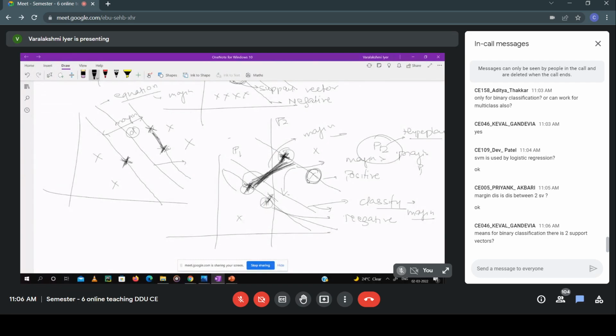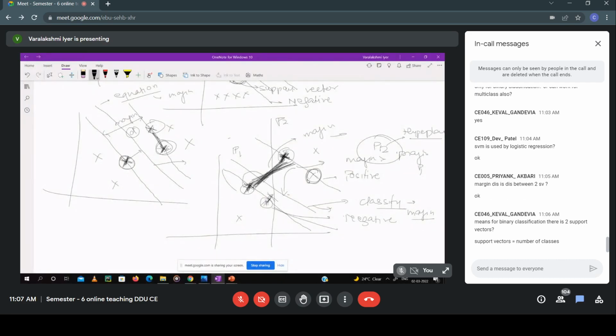For example, this is a point that is nearest to the hyperplane that we have identified to separate our data. There can be multiple support vectors on each side. Mostly in binary classification, there will be support vectors for the positive class and support vectors for the negative class. Are you getting the point now?